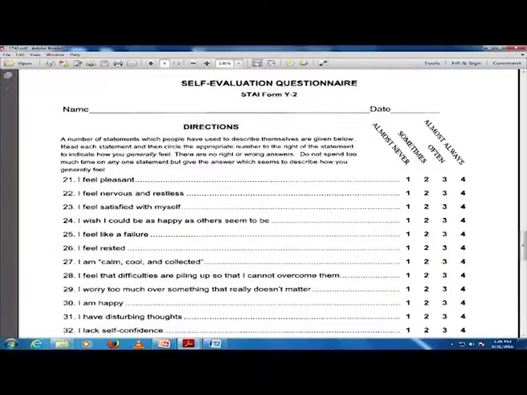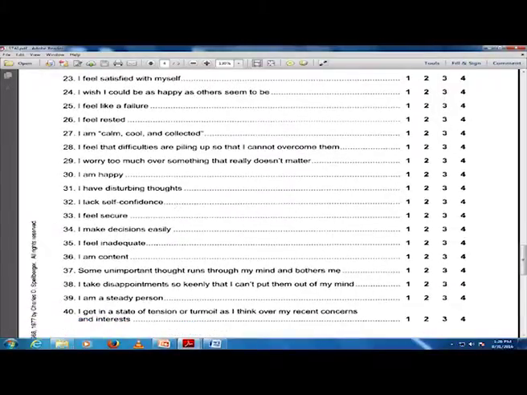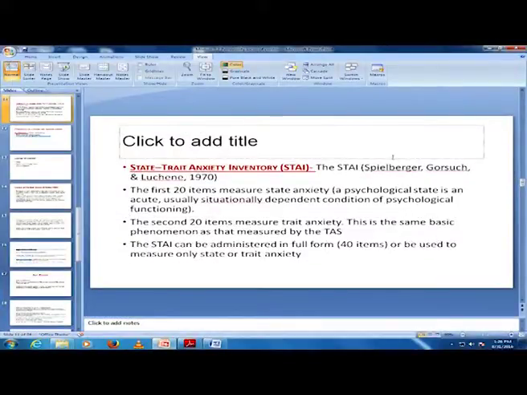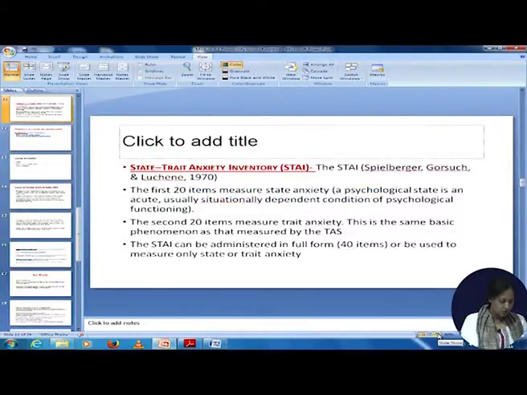This is actually talking about the personality disposition, and again the items are the same. As you can see, this is very simple and small, so it does not take too much time to perform.